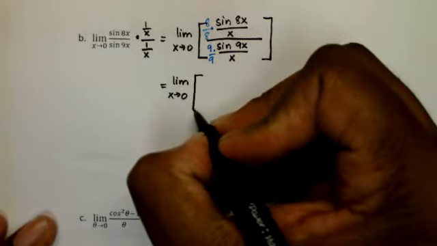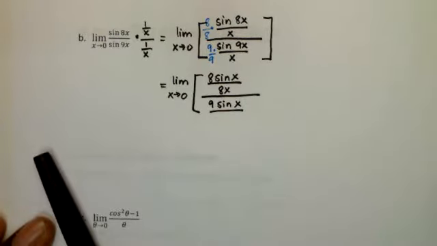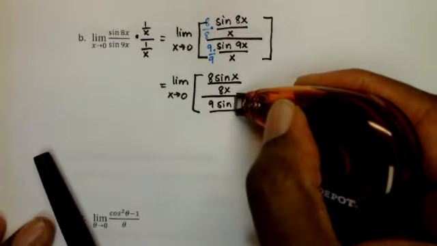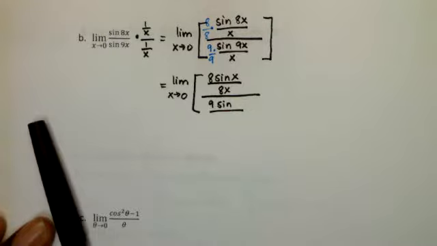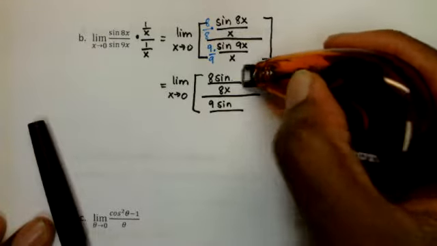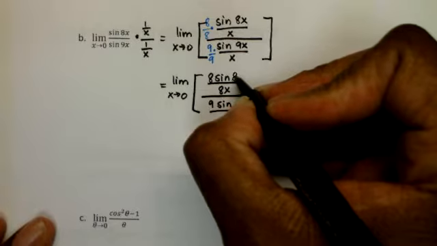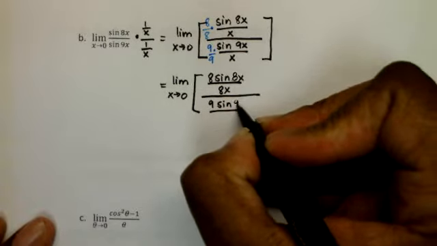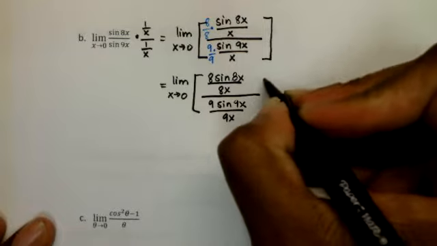The denominator will be 9 times sine 9x over 9x. This should be 8x as well. Don't want to leave that out. And that's 9 times sine 9x over 9x.